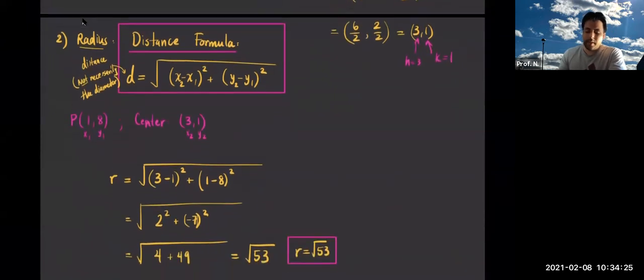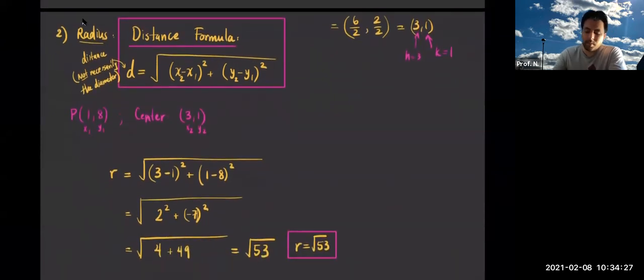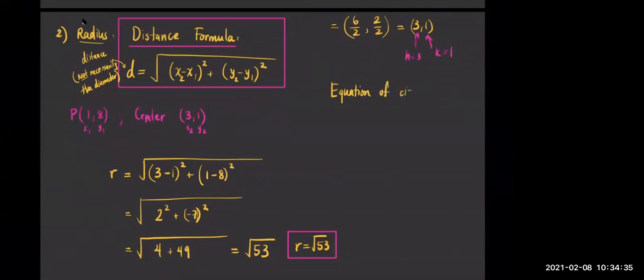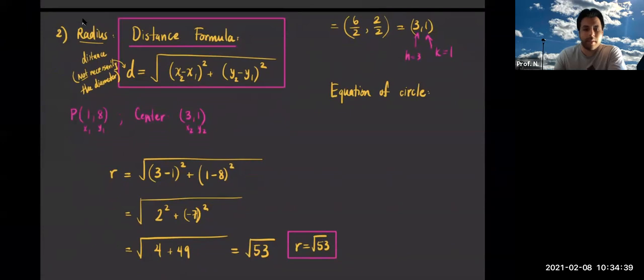And so once I found the radius and I found h comma k, what would be the equation? The equation of the circle would be x minus 3 squared plus y minus 1 squared equals the square root of 53 squared.